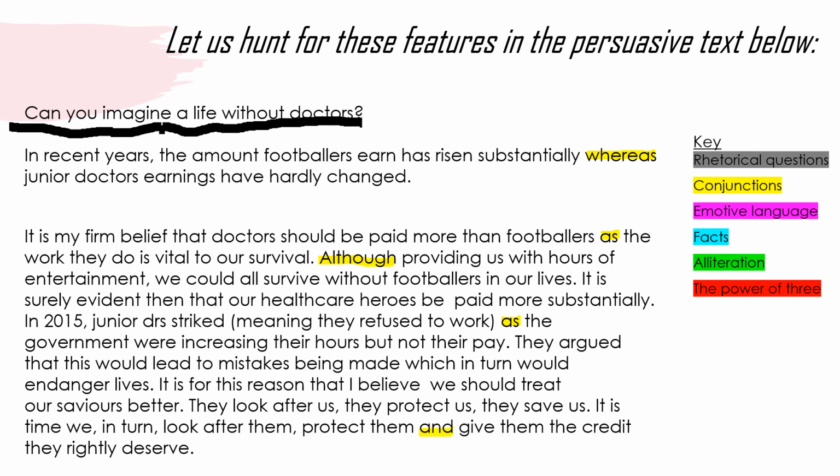You can see within just one paragraph, not including my whereas in the first sentence, in one paragraph I've used conjunctions 4 times. I'm expecting about 3 or even 4 paragraphs from you for this writing. So I'm expecting to see quite a few conjunctions. And you can see I've used a variety. Yes, I've used as twice.